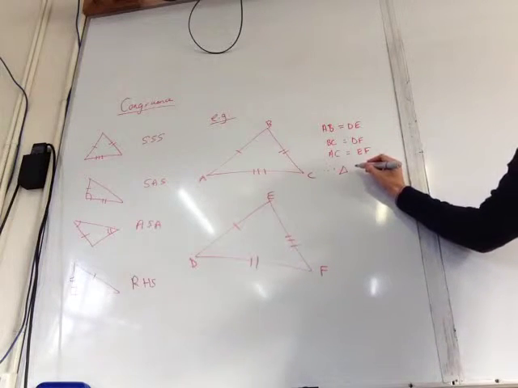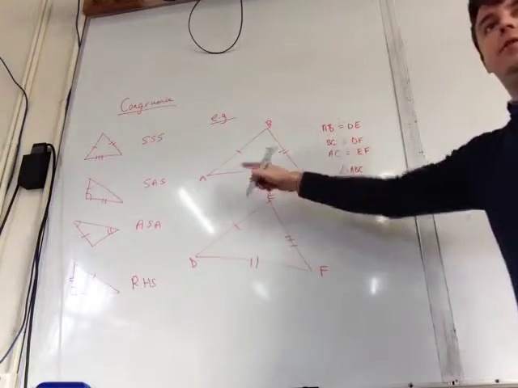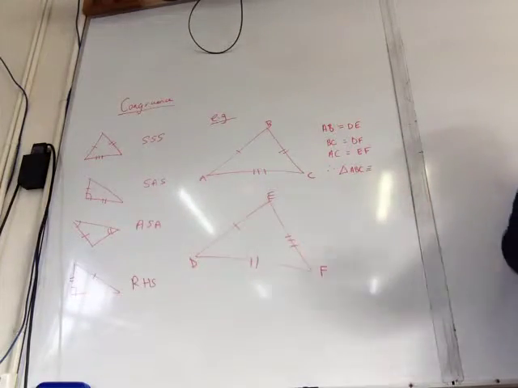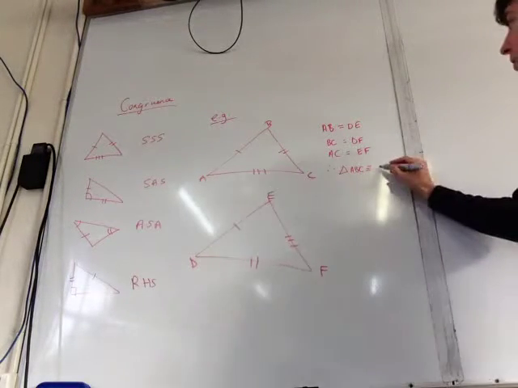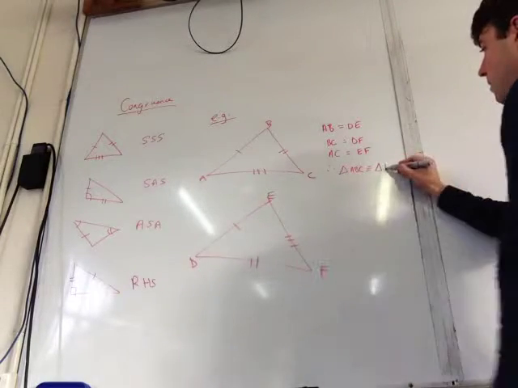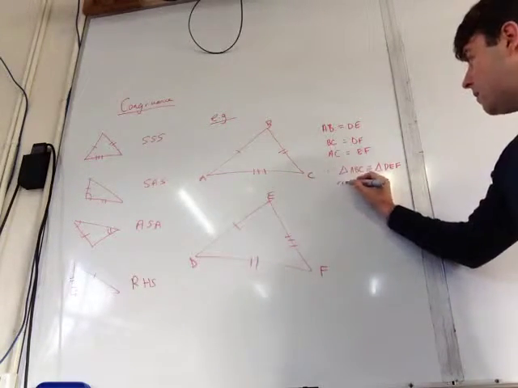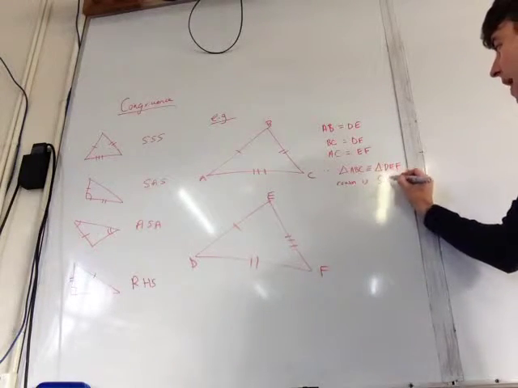Triangle, just a little triangle symbol, ABC, because that's that triangle. I put three lines. That three lines means congruent. Three dash, not equals, congruent, identical to. It's congruent to triangle DEF. And my reason, because you have to give a reason, is SSS.